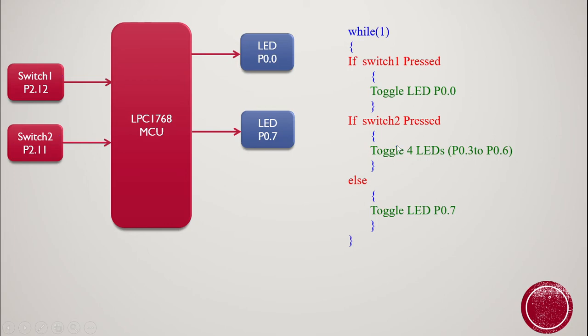The conditions, you can see I put 3 conditions here. The first condition: if switch 1, which is P2.12, is pressed, I have to toggle P0.0.